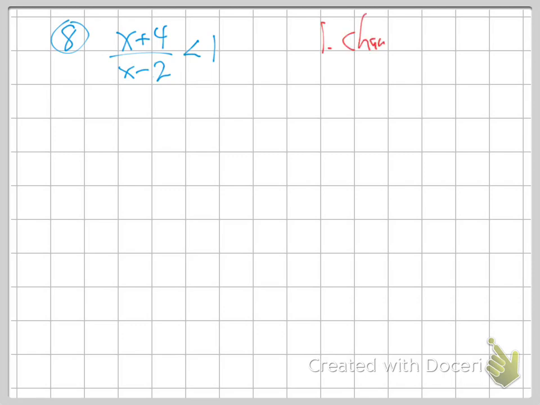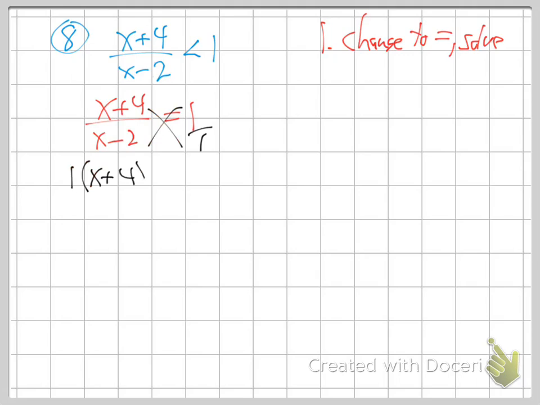Step 1, change to equals, solve. So if you change that to equals, how are you going to solve that? Cross multiply, yeah. Put the 1 over 1, diagonal. So 1 times x plus 4 is 1 times x minus 2.